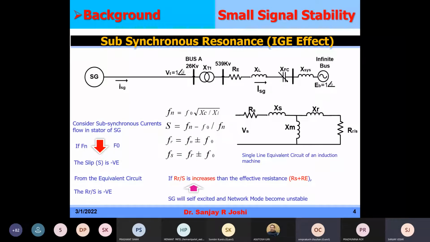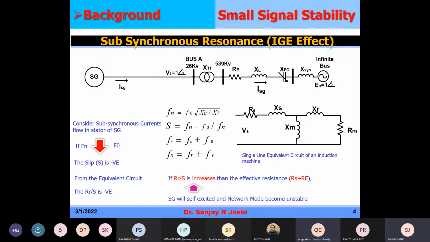So this is the system. You can see here that the synchronous generator is connected to the grid through a transformer and a transmission line which is series compensated. Note here that the series capacitor is connected, not a variable capacitor like TCSC.